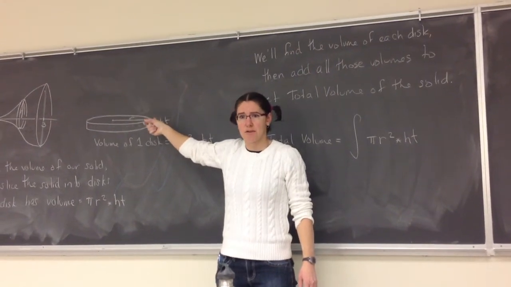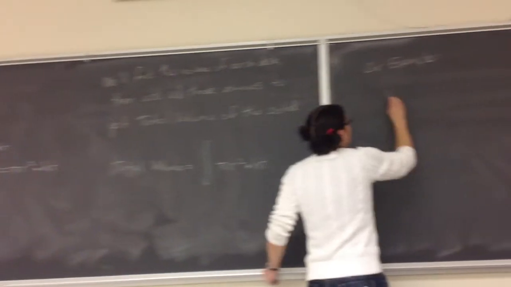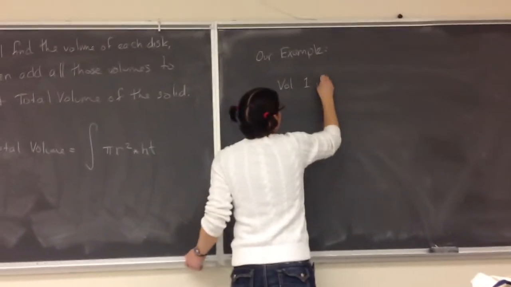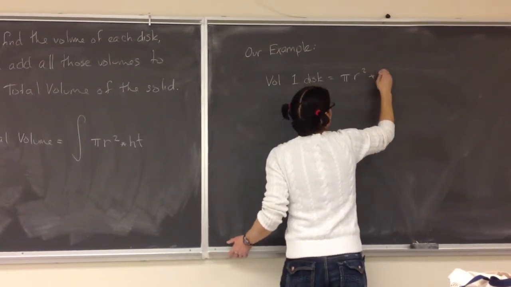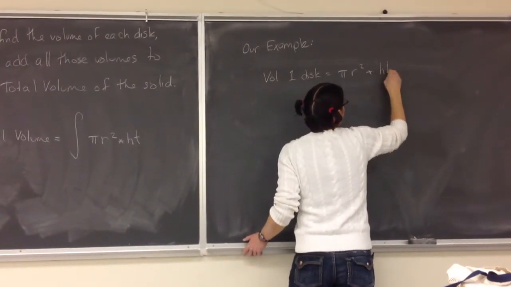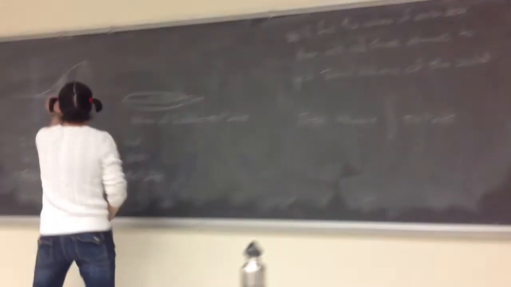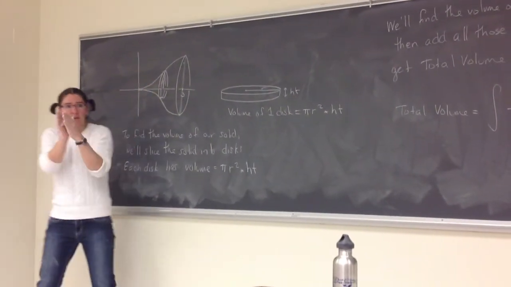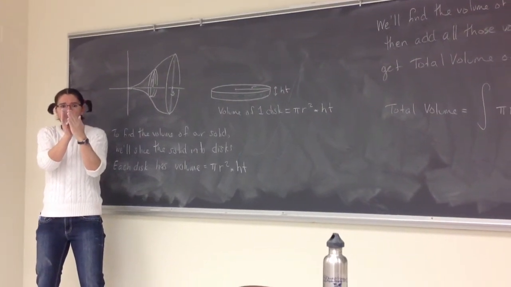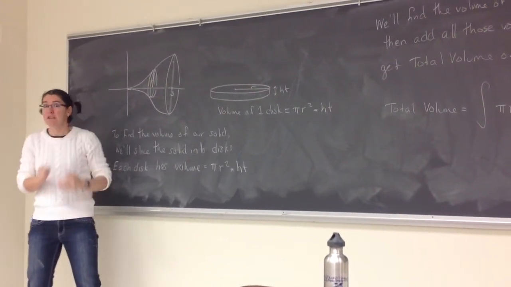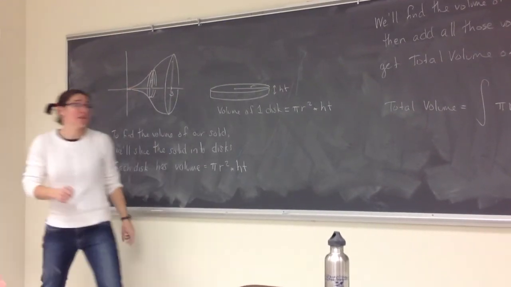So the volume of one disk is pi r squared times our height or thickness. The thickness of this disk is just a little bit of change in x, a little bit of width in x, and so that is going to be dx.